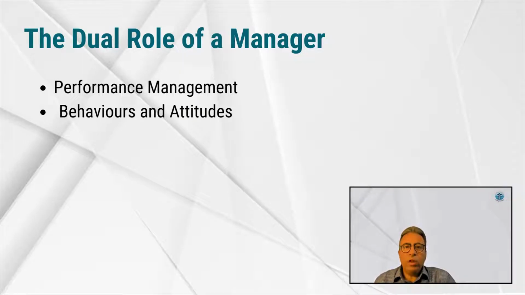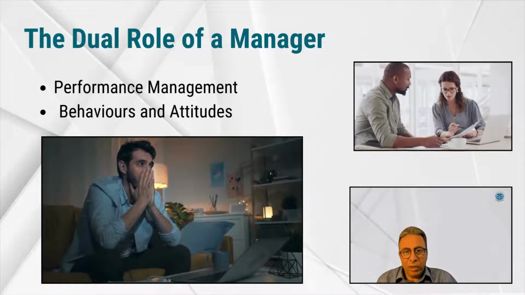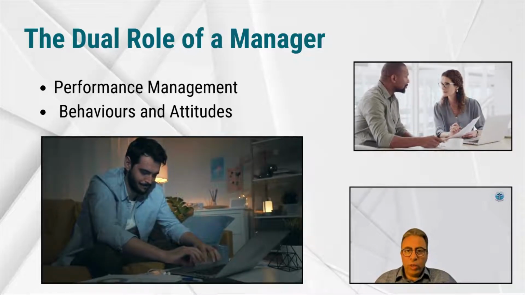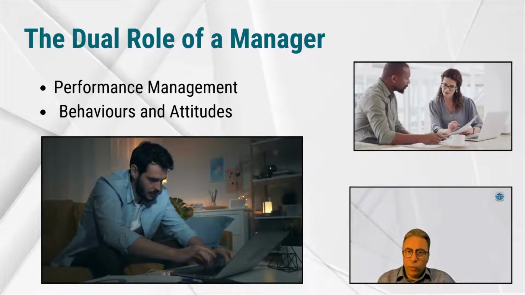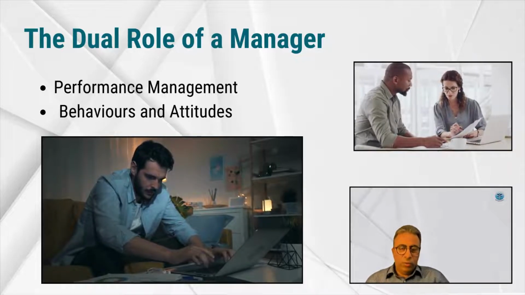And in addition, we are responsible for the behavioral changes and attitudes of the team members as well. In other words, the managers are having dual responsibilities: the performance metrics and the performance management, in addition to the behaviors and attitudes. In this video, when we mention low performance, we mean both performance management and behavioral changes or behavioral attitudes.